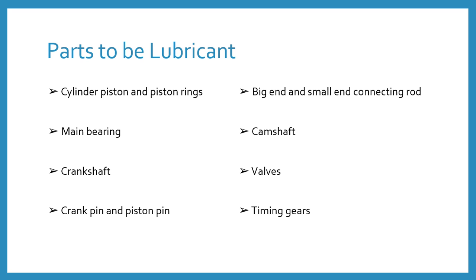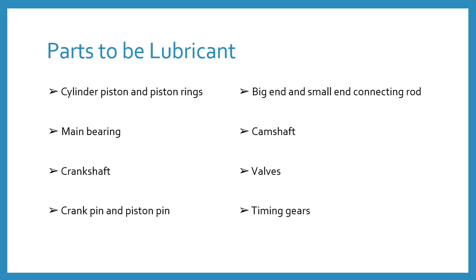Next, when the piston moves up and down, after the power is generated, the power is transferred to the crankshaft with the help of the connecting rod. This connecting rod is connected with the piston pin, and connected with the crankshaft with the crank pin.